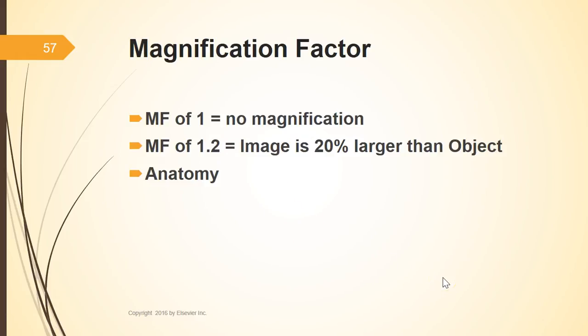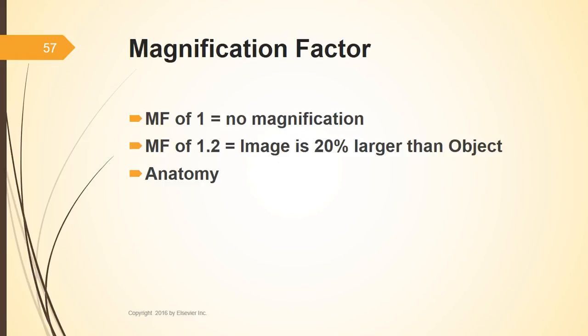Anatomy that's posterior to the anterior chest wall is further away from the IR and magnified even more. It may be helpful to know the measurement of the true object size in comparison. Once the magnification factor is known, then the subject size can be determined.